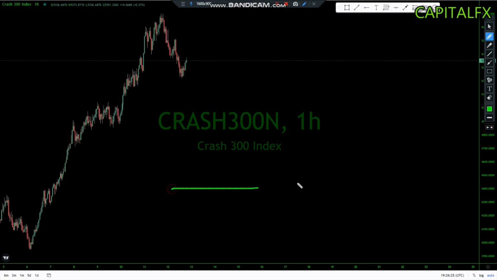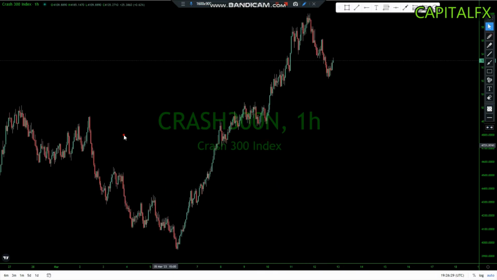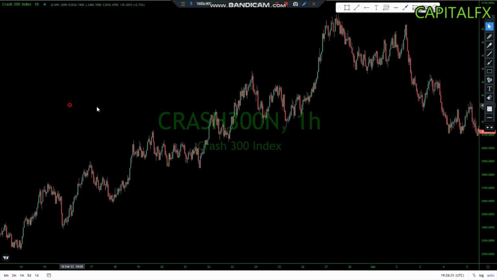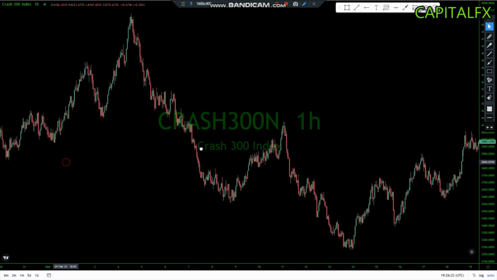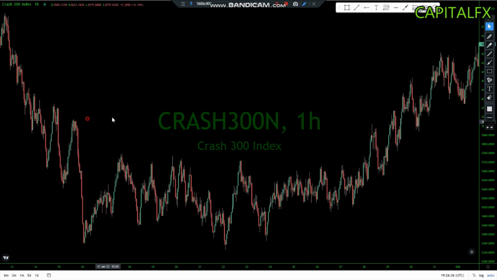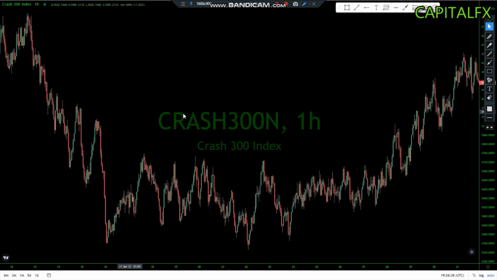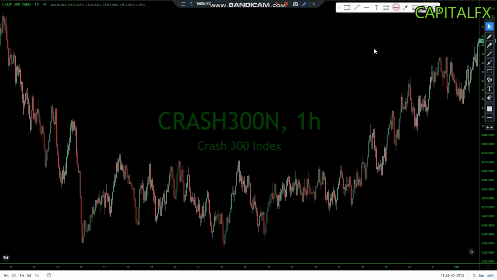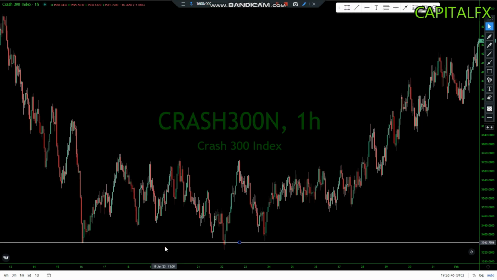So let's go to our left side and see if we can find some double top or double bottom in the chart. We can see here we have a double bottom right here, and after this double bottom the market shoots way up.